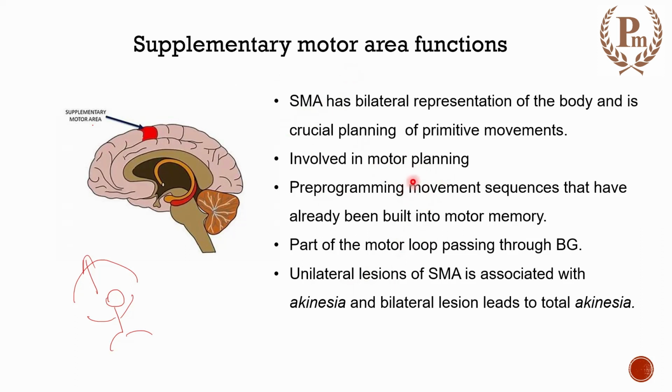There, you use your visual cues. With those visual cues, you judge this far is my object and this is what I need to adjust in my body, and this is how I'm going to pick up the object. Whereas in supplementary motor areas, the cue or the stimulus is inside yourself, inside the body.